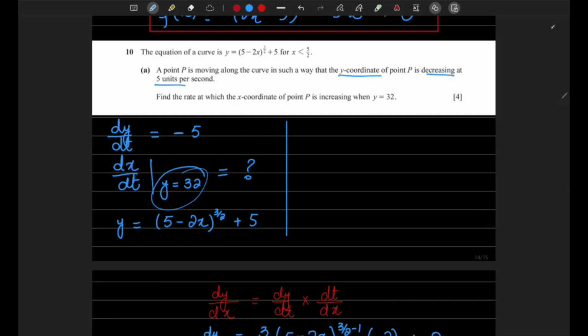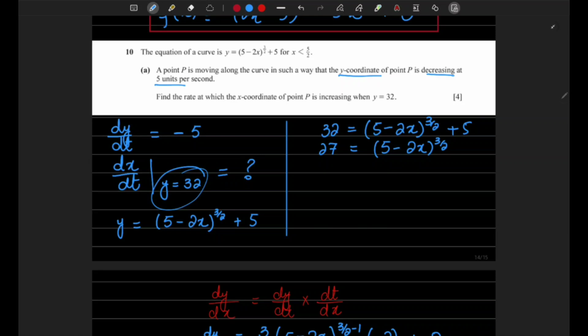So, substituting: 32 equals (5 minus 2x) to the power 3 over 2 plus 5. 32 minus 5 would be 27 equals (5 minus 2x) whole power 3 over 2.